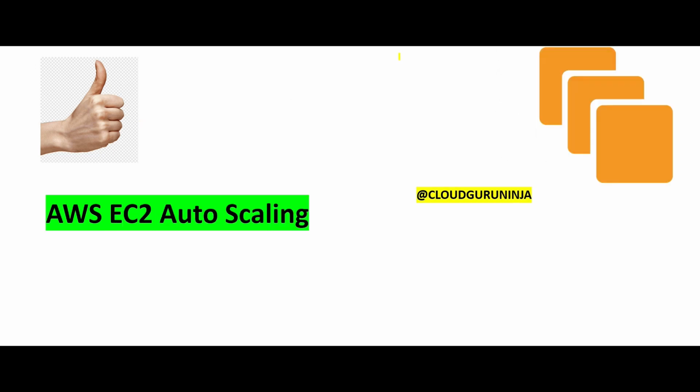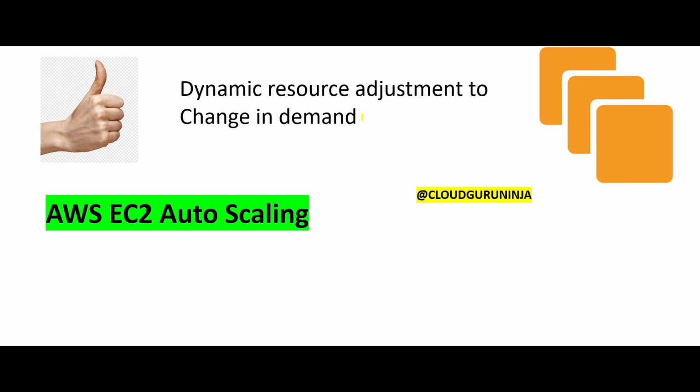When we were talking about scalability, we are talking about auto scaling. You will get questions around this. It will help you with dynamic resource adjustment and change in demand. That means your demands are not regular. Sometimes people access it, sometimes it spikes way too aggressively, sometimes it goes down.